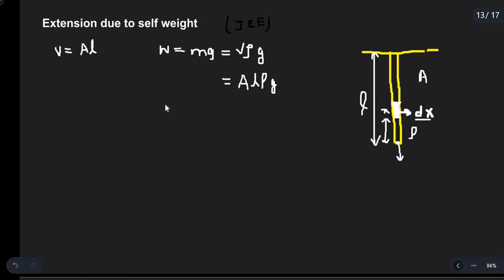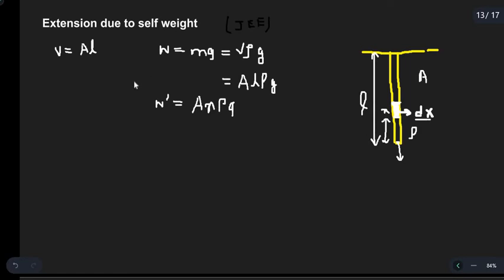So weight on this very small strip, let's call it W dash or W prime, is equal to area is same, length is x, this is my effective length, so A x rho g.